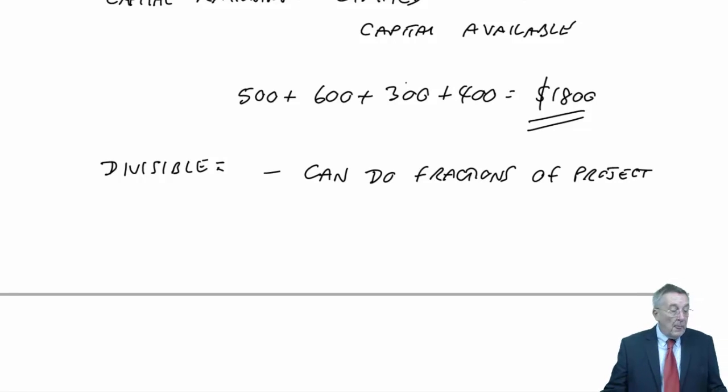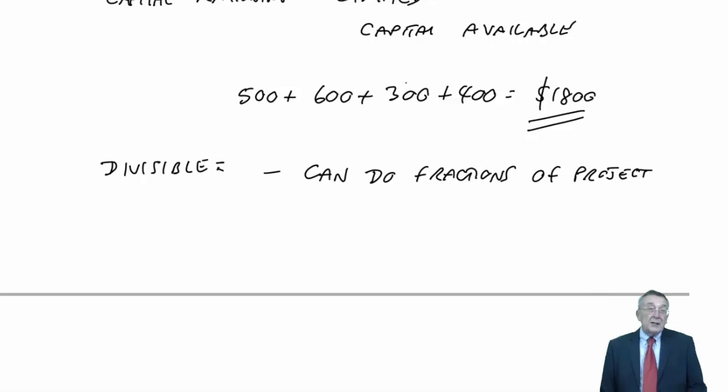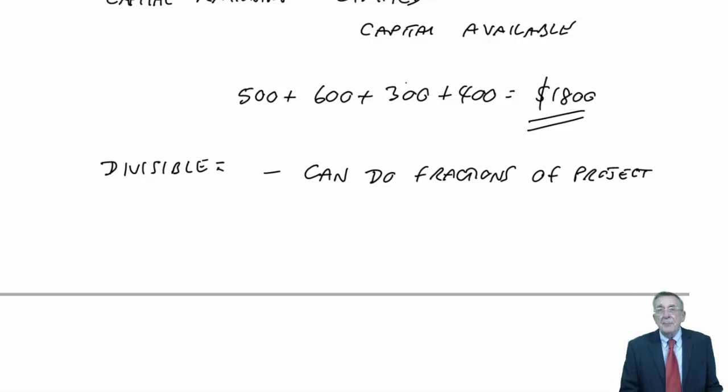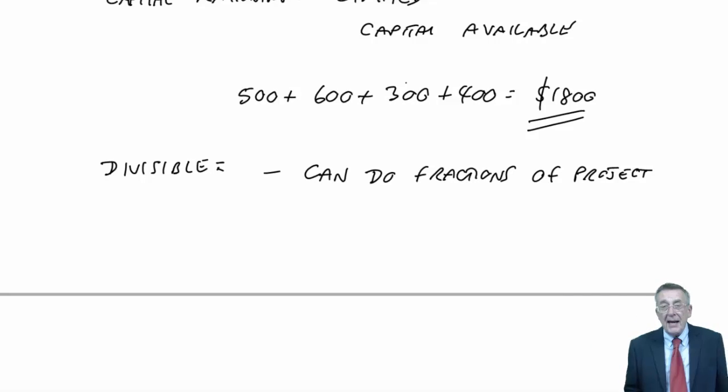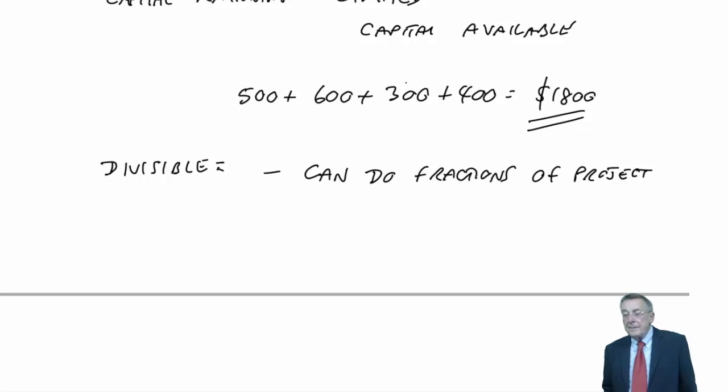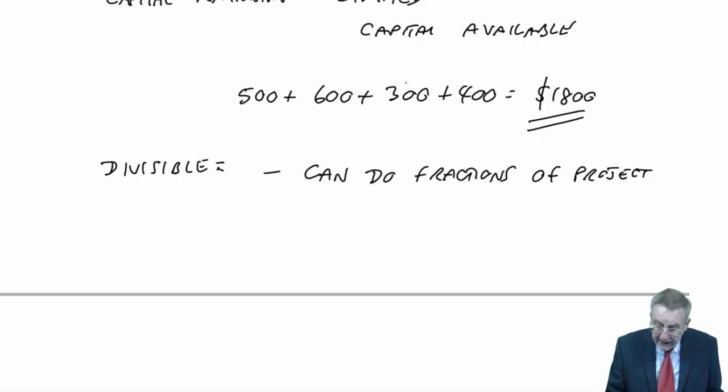What I mean by that is project A. If we want, we can do half of project A or 20% of project A. We can do any proportion of project A. But it's a maximum of 100% of each.